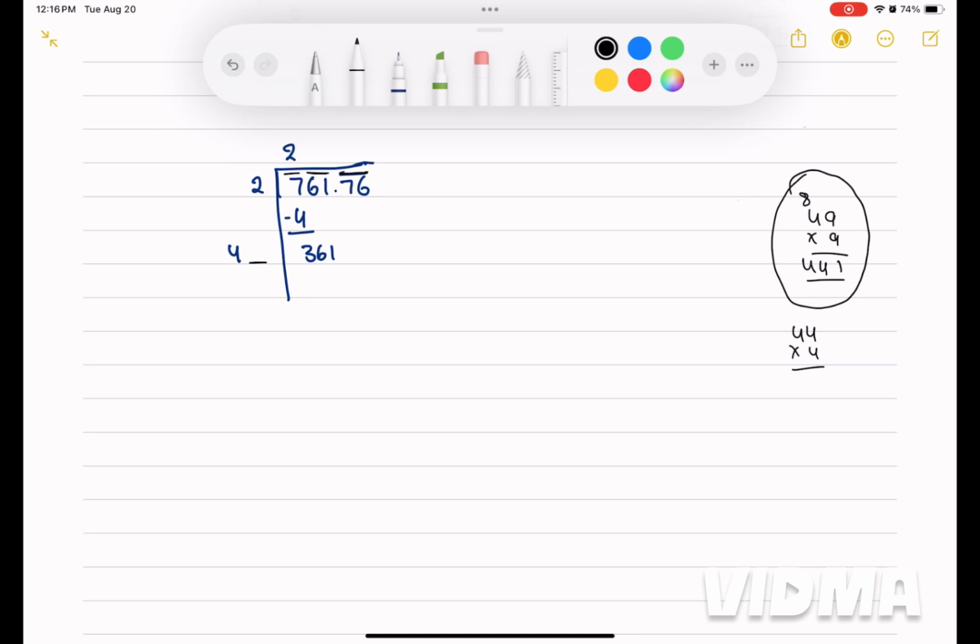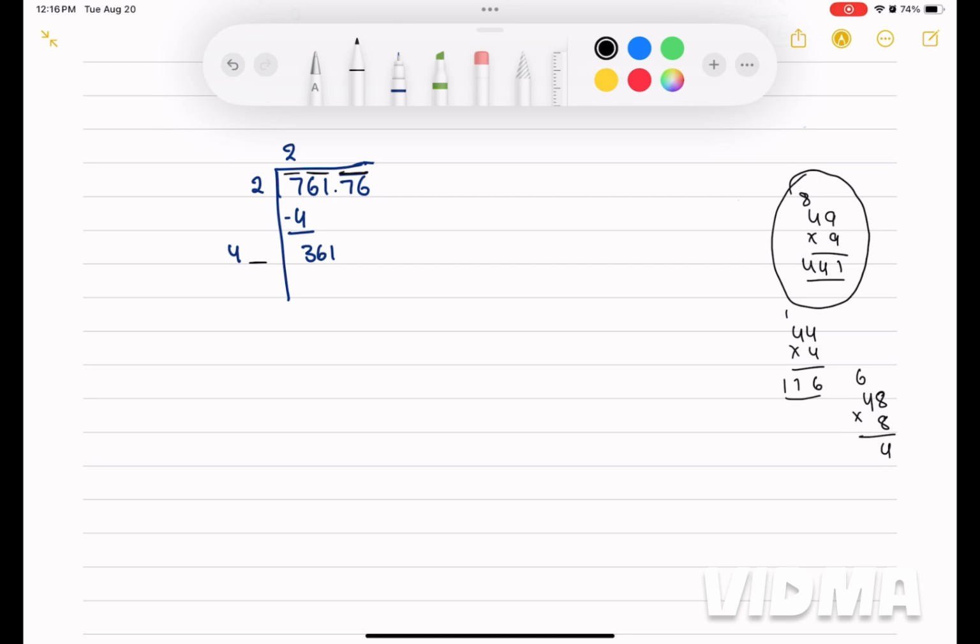Let's try. 44 into 4, that'd be 176. That's too small. Let's go for bigger numbers. 48 into 8. Let's try, that might work. This too is a bit huge, but close.